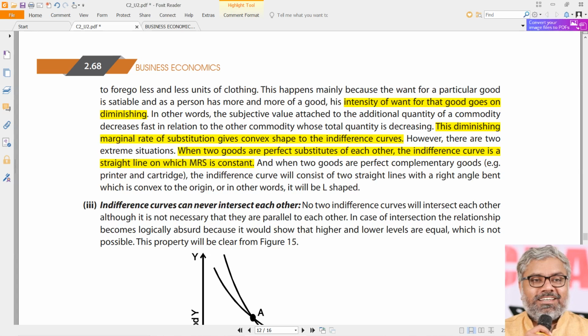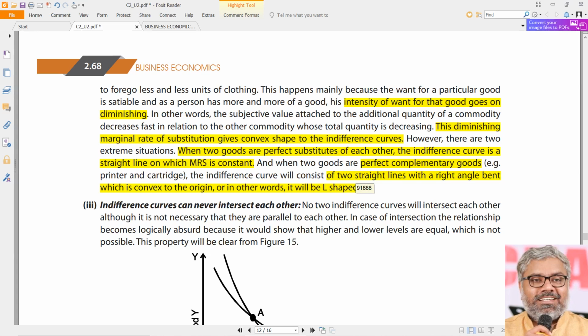Another extreme is when the goods are perfectly complementary commodities. Then the indifference curve will have two straight lines with a right angle bend, which is convex to the origin. In other words, it will be L-shaped. So this can be a question by itself. When will the indifference curve be L-shaped?